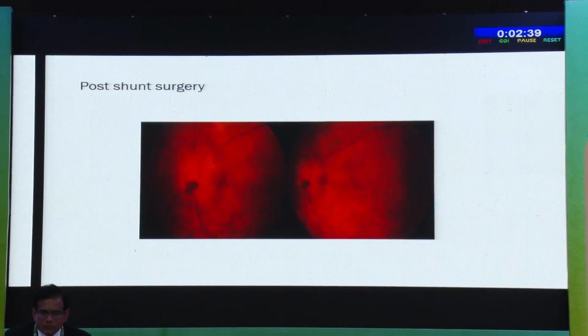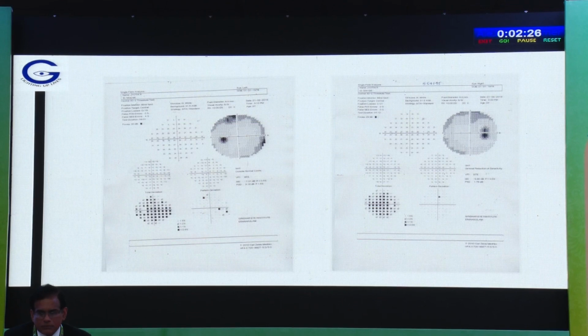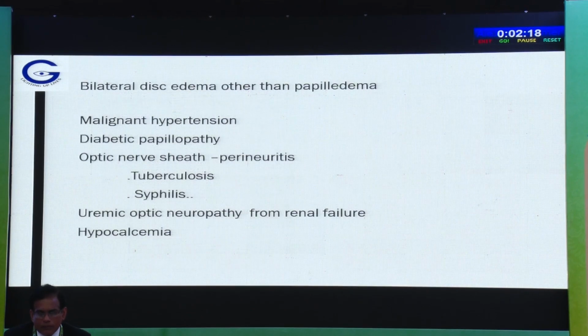So she was sent to the neurosurgeon. A VP shunt was done, and this is the post shunt surgery picture. The papilledema reduced markedly, and this was the HFA picture post surgery. So if we intervene at the appropriate time, we can salvage the vision of the patient.